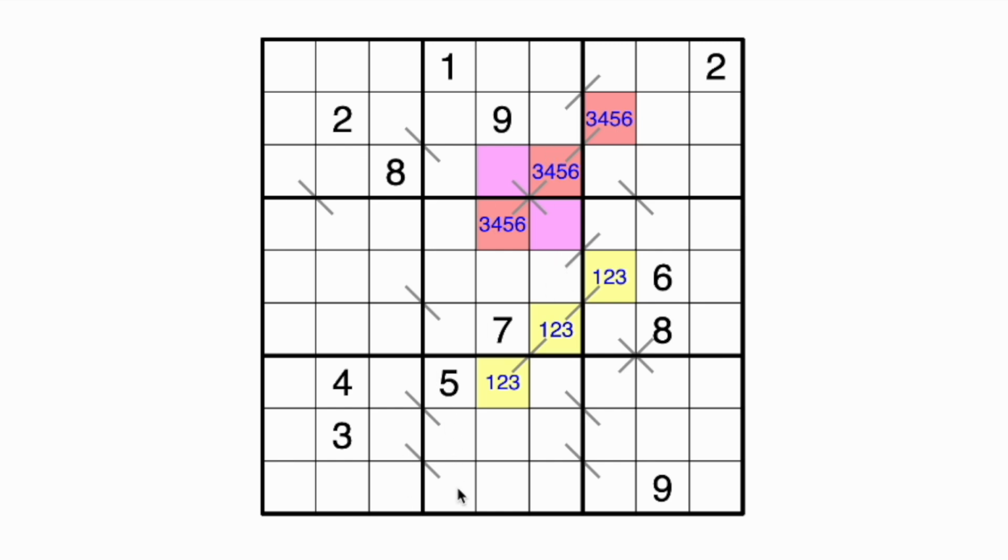Red and purple both have to go down here. If they were these two, does that do anything? Red and purple can't be in this row anywhere. So red and purple have to go down here.